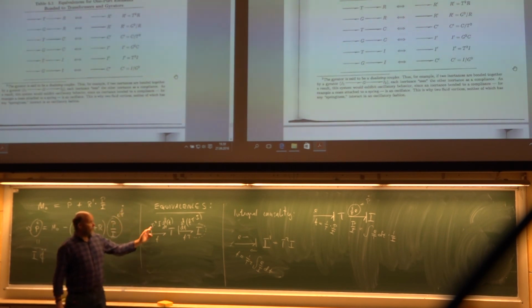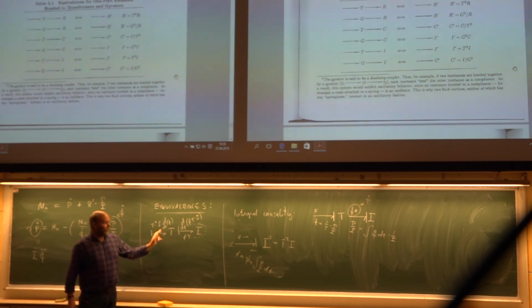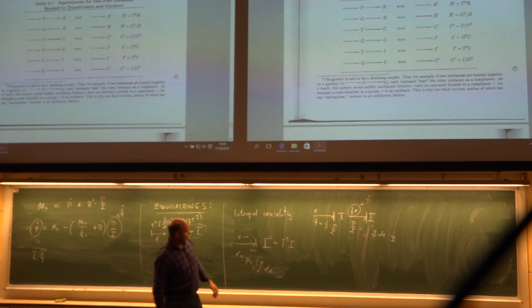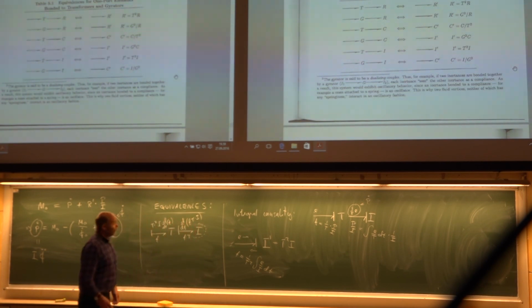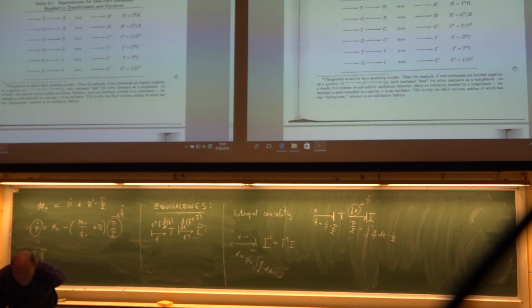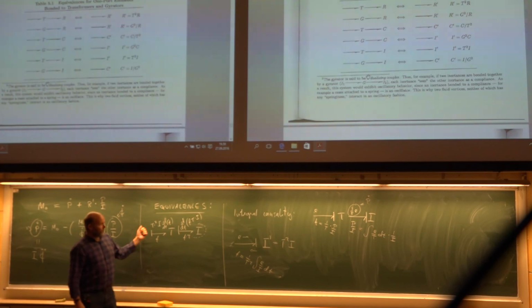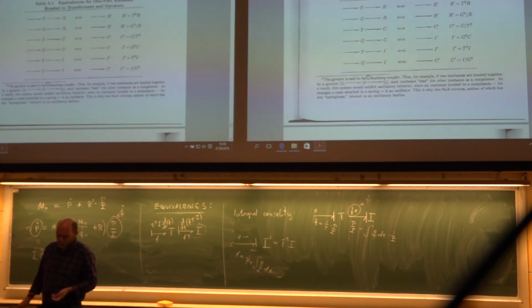And again, you get T square times an inertance, which is then what we have here. So you just try it out both ways, then you are certain. It would actually be enough with one to prove it. The other one can be shown in the exact same way.